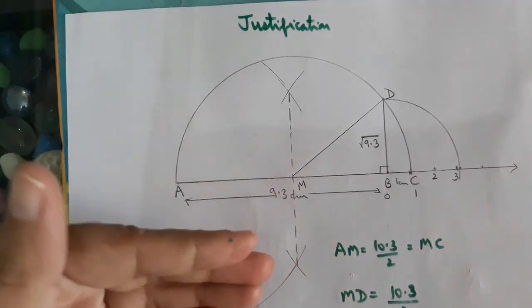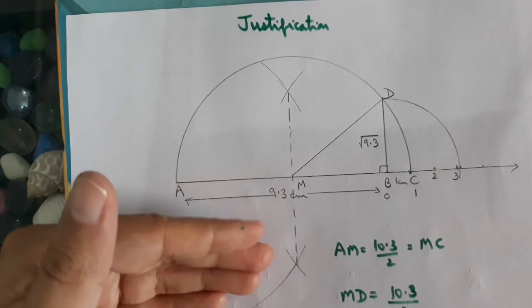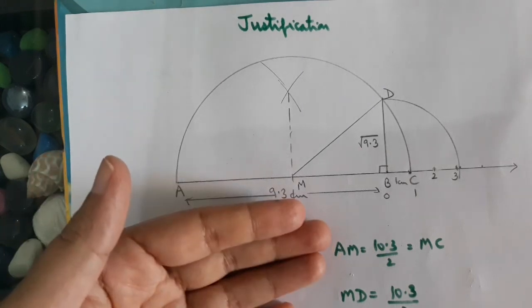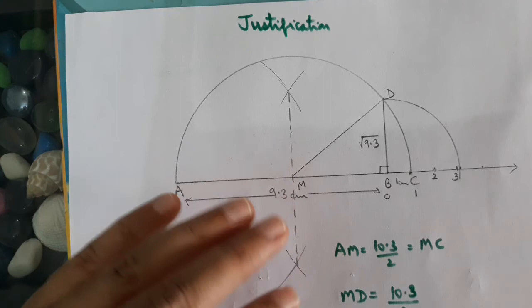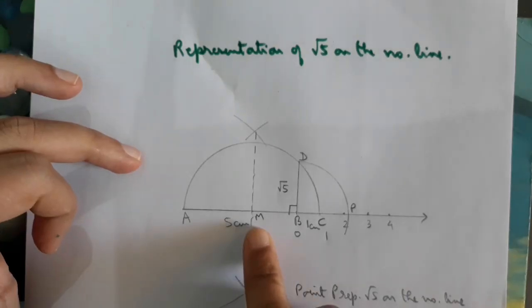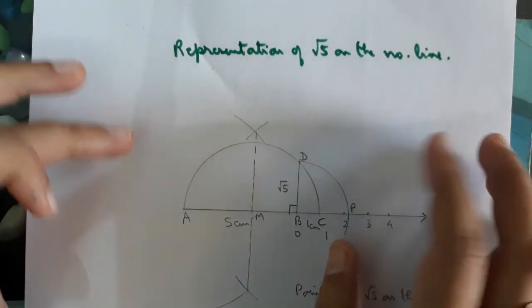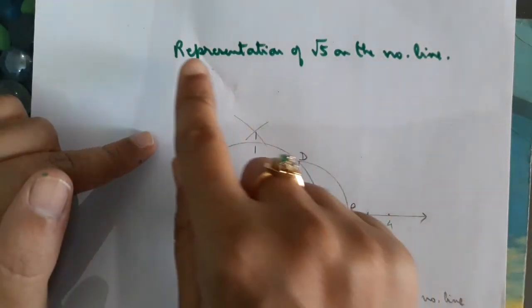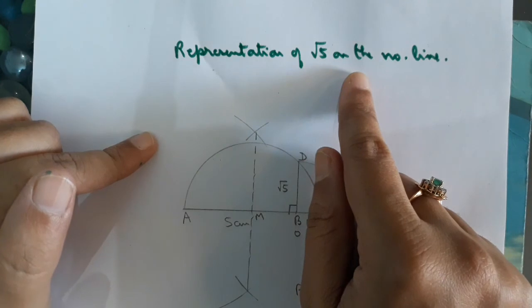By this same method you can do the construction of under root 3.5 centimeters, under root 8.5 centimeters, etc. on the number line. By this same method we can represent root 2, root 3, root 5, etc. on the number line. Suppose we have to represent root 5 on the number line.